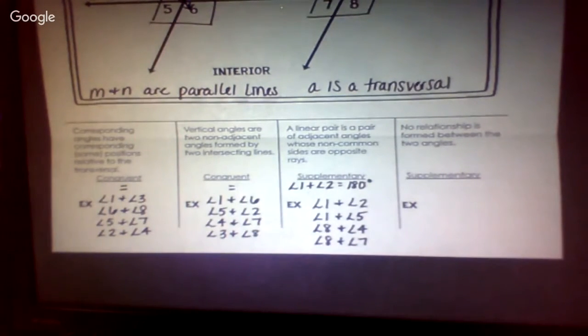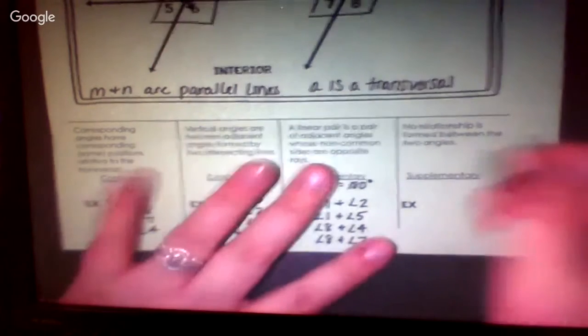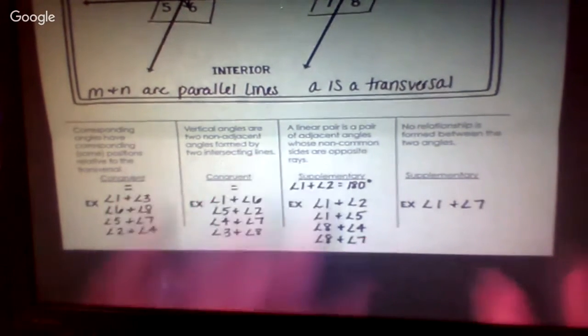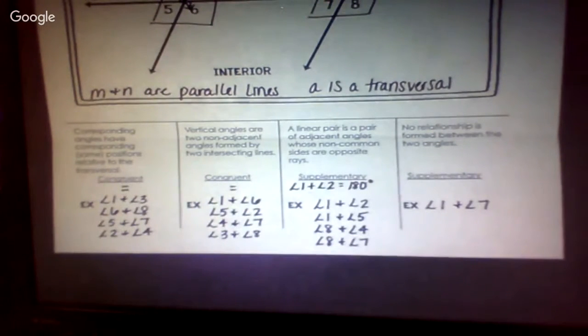We also have angles that have absolutely no relationship formed between the two, but they are also supplementary. I'm not going to worry so much about these. I'll give you a couple of them, but I'm not going to ask you to find these. That's not the goal of our lives. So something like angle 1 and angle 7. There's no relationship.